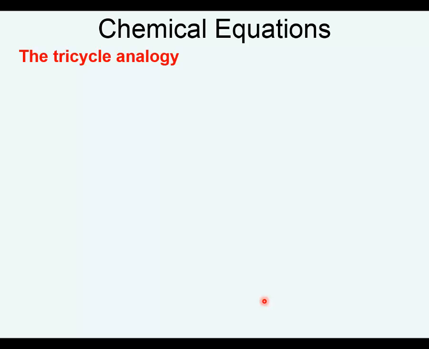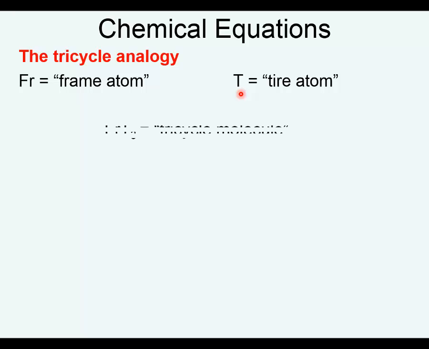So for this analogy, let's consider that the symbol capital F lowercase r isn't francium for right now. Let's assume that's a frame atom in our tricycle molecule, and let's assume a capital T represents a tire atom in our tricycle molecule. So if I end up taking all of the frame pieces that I begin with and all the tire pieces, I should be constructing in this case a tricycle, which should have one frame and 3 tires.